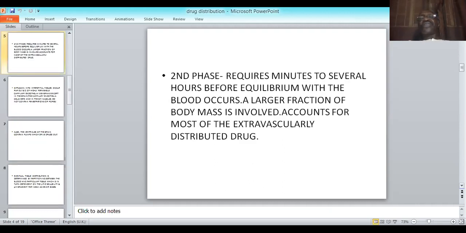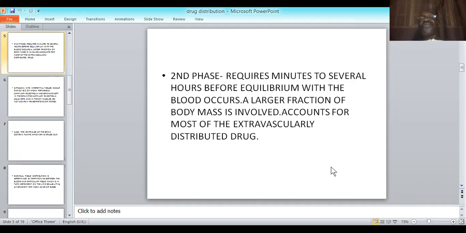After that first phase, a second phase can be recognized, and that second phase requires minutes to several hours before equilibrium occurs. During that second phase, blood supply is to a larger fraction of the body mass.